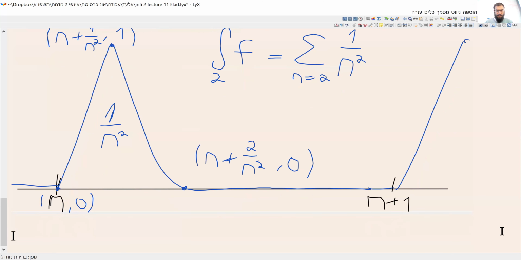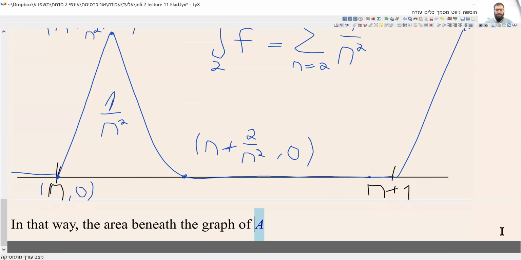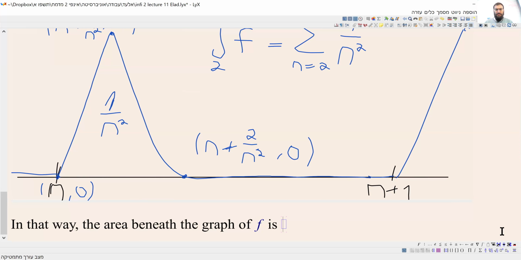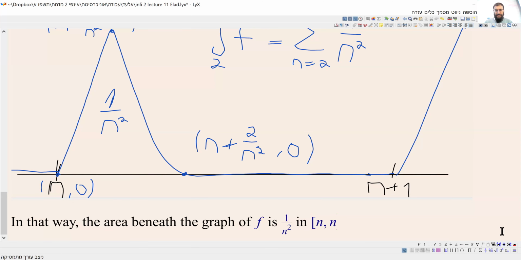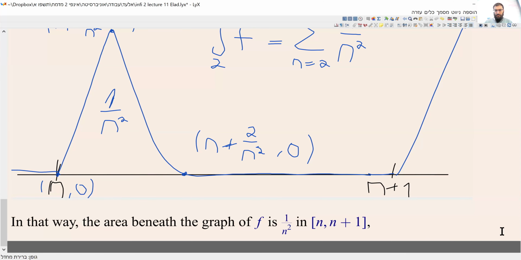In that way, the area beneath the graph of f is 1 above n squared in n plus 1.